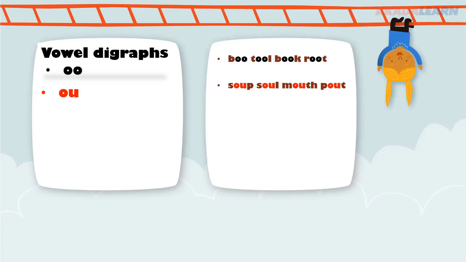Soul. Then in M-O-U-T-H, can you guess what that spells? Mouth. So here O-U is making an ow sound, mouth. Also in the last one, P-O-U-T, pout.